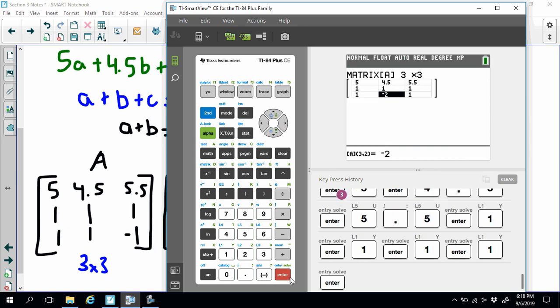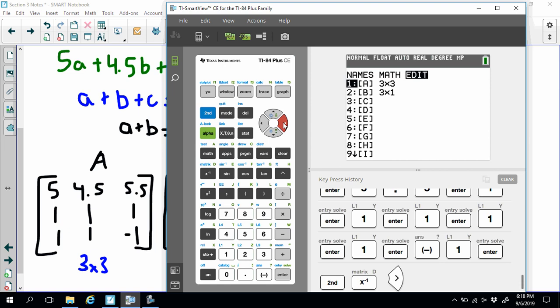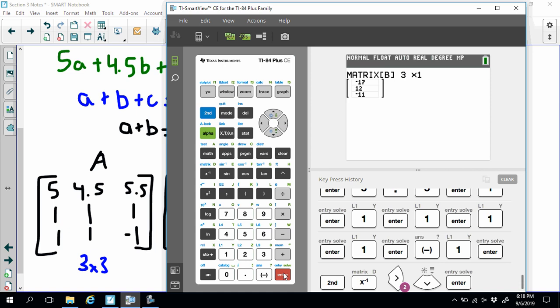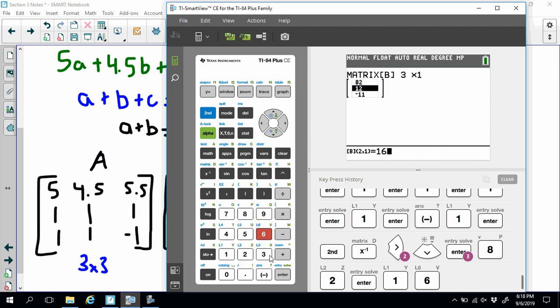And on the bottom we have positive ones and then a negative 1. Now we do the same thing for our B matrix. Make sure you go over to edit first, and then go down to the B matrix. Since it's already 3 by 1, I can just press enter. But we do need to change the values, so we put 82, 16, and then 0.